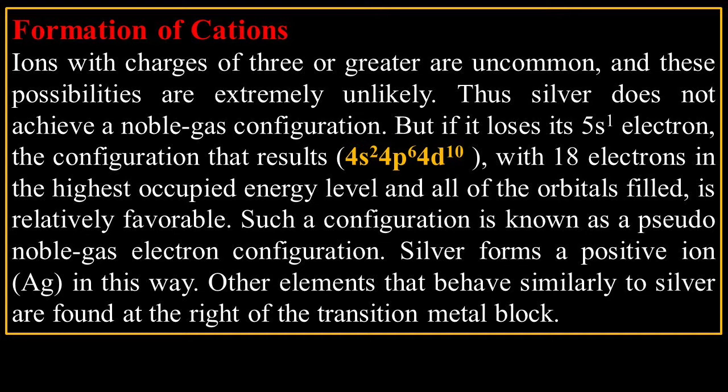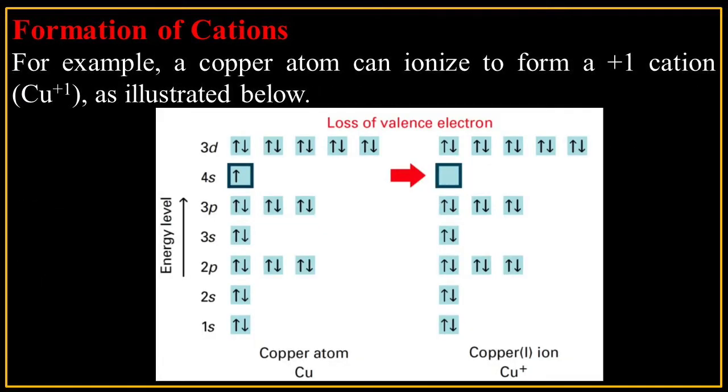Such a configuration is known as a pseudo-noble gas electron configuration. Silver forms a positive ion, Ag+, in this way. Other elements that behave similarly to silver are found at the right of the transition metal block.